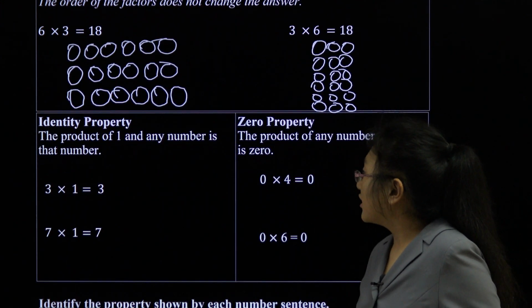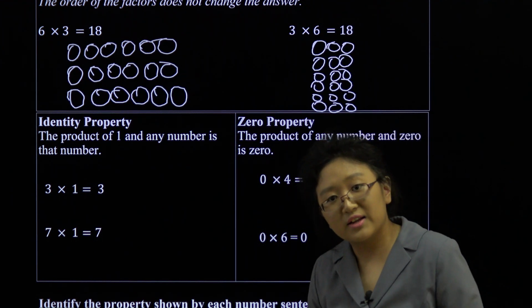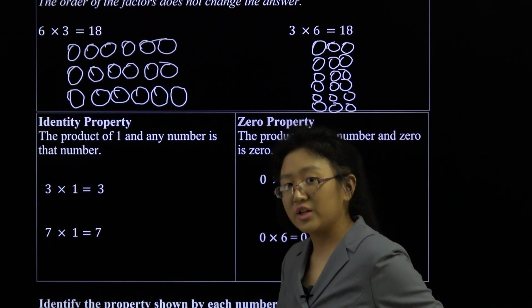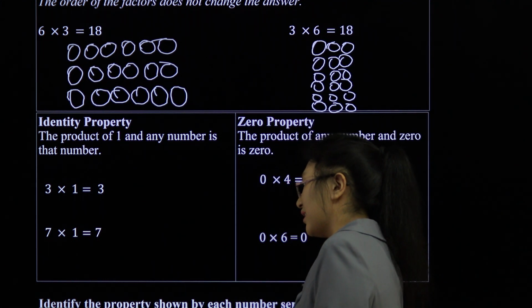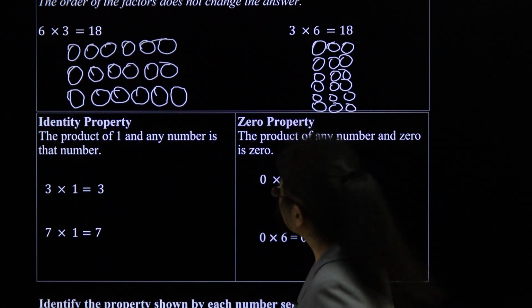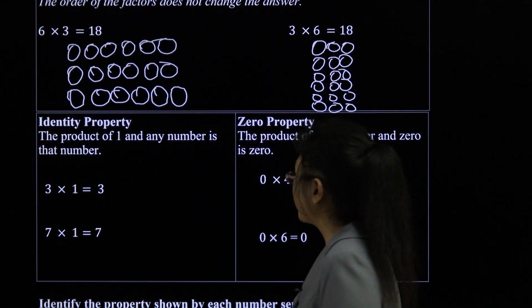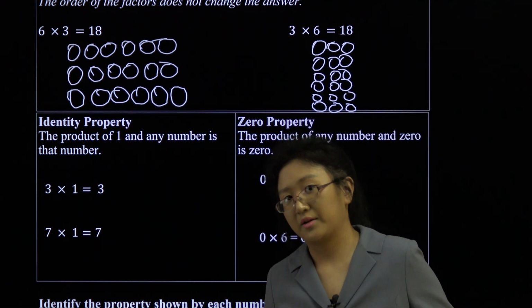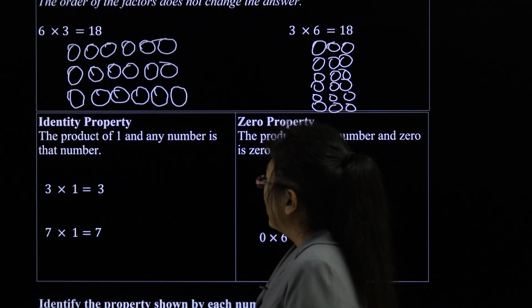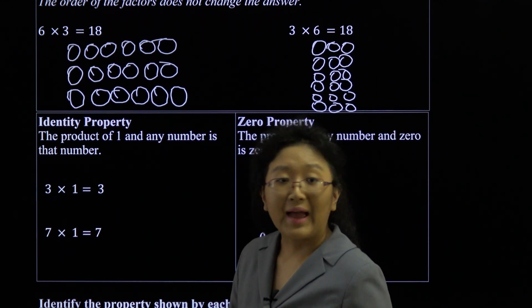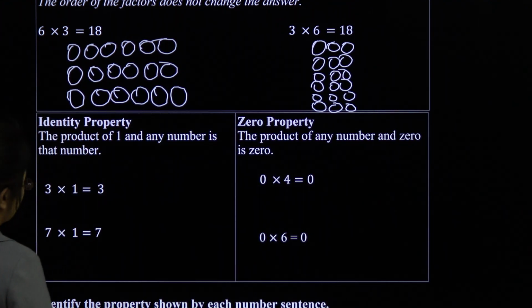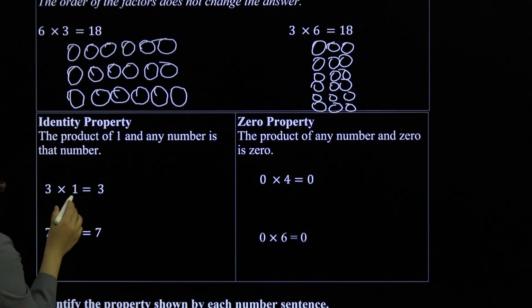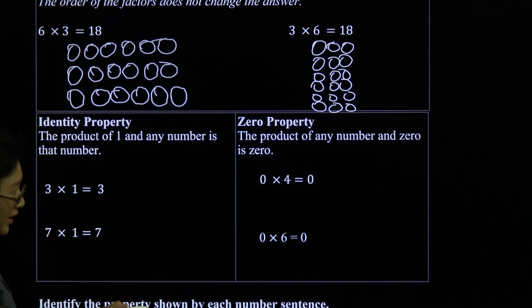Now there's also the identity property, which is slightly different. Because in addition, the identity property was anything add 0 equals, well, that thing. In multiplication, well, we're just talking about multiplication right now, it's anything times 1.